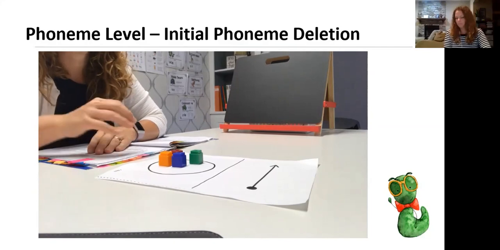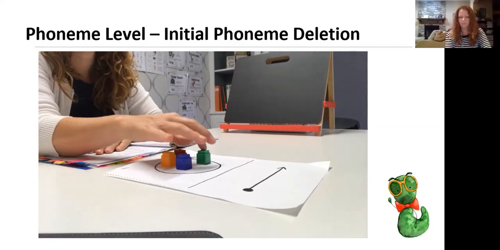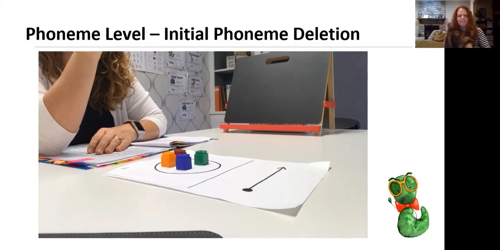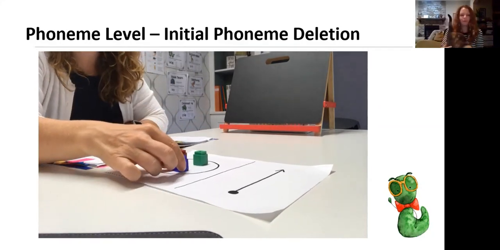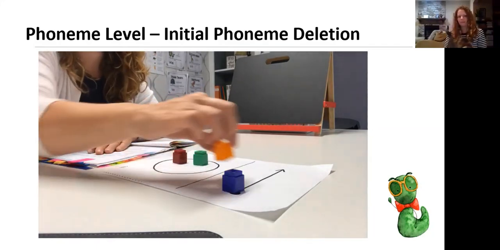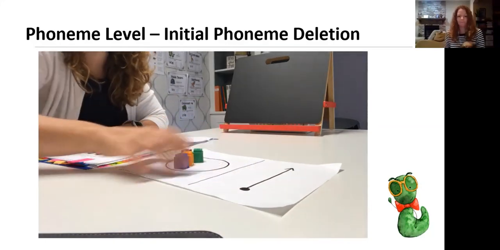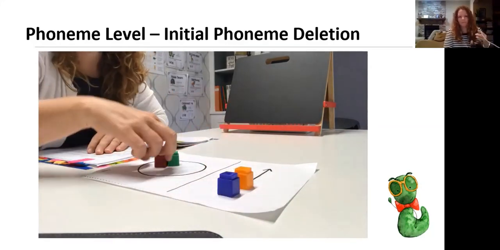Now in this activity, we're going to take these cubes and we're going to use each cube to represent a single sound in a word. So I'm going to give you the word and you're going to break that word into the individual sounds. And when you do that, you're going to take the cube and you're just going to move it for each sound. Okay? So if I gave you the word sad, you would just do s, a, d, sad.